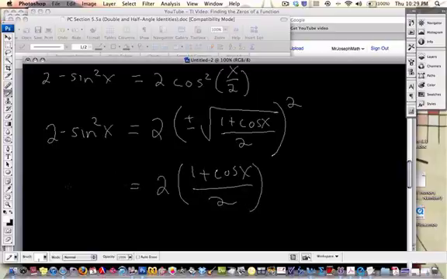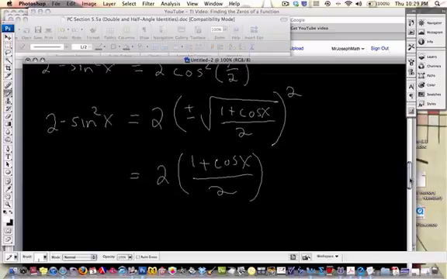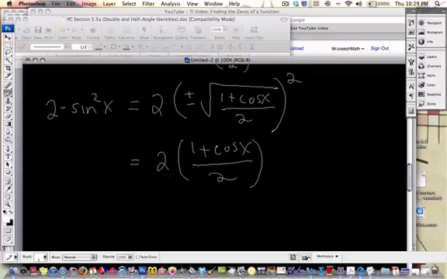The left side of my equation remains the same. The 2's can cancel, and I've got 1 plus cosine x. Go ahead and bring the left side down: 2 minus sine squared x.